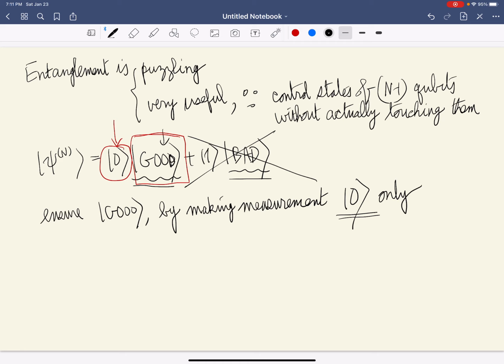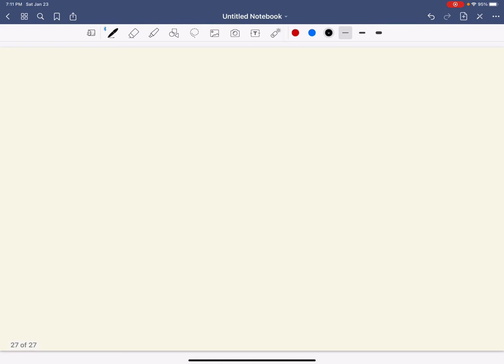Okay, so let me make this statement slightly more concrete with some mathematical example. Let me try to push through this idea. So for the two-level system, I have talked a lot about this completeness relation.